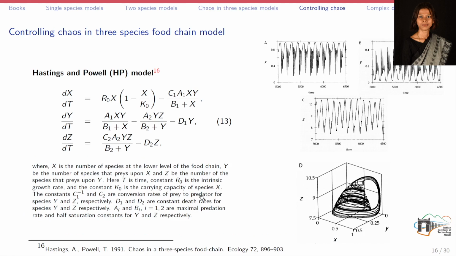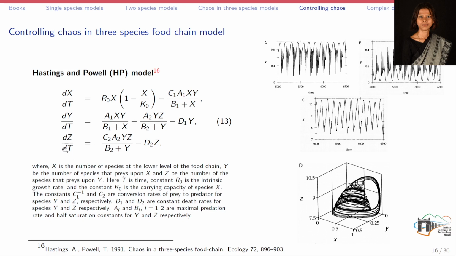Now this is the Hastings-Powell mathematical model which was proposed in 1991, and here in this Hastings-Powell model X is the number of prey population at the lower level of the food chain, Y is the number of species that preys upon X, and Z is the number of species that preys upon Y. Again, the dynamics of the prey population and the intermediate predator population is the same as we discussed earlier.